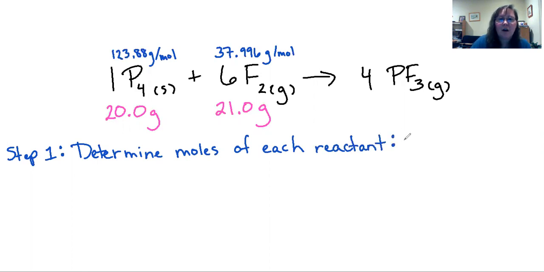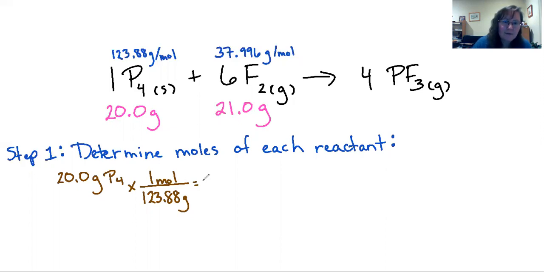First of all, we have 20 grams of P4. Going from grams to moles, we have 123.88 grams per mole. So 20 divided by 123.88 gives 0.1614, I'll go that far for now, and that's moles of P4.